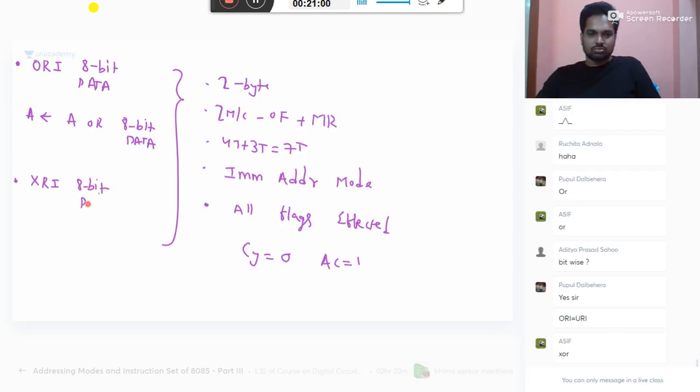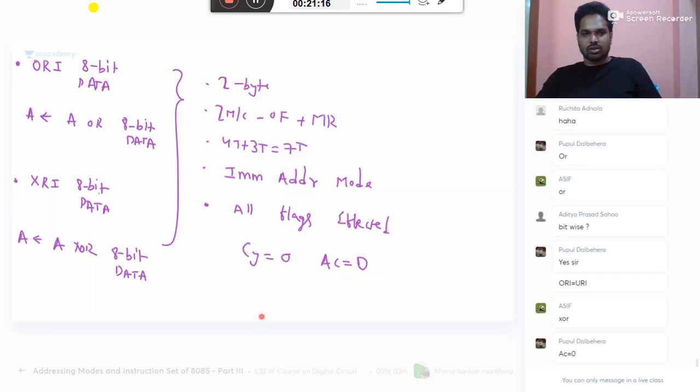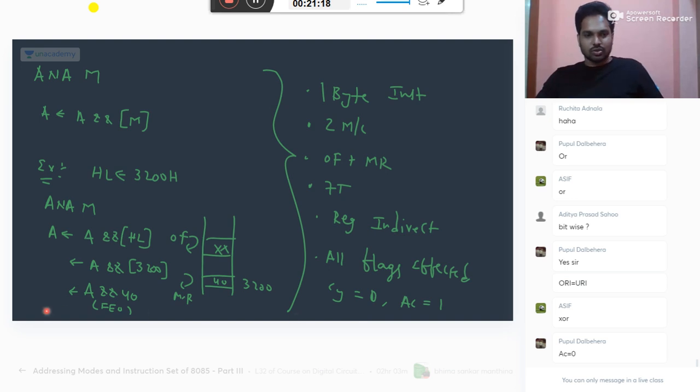So total how many instructions did we learn today till now? It is 3 types. I think 9 instructions are completed now, right? Similar to the AND operation, we have OR and XOR operations.